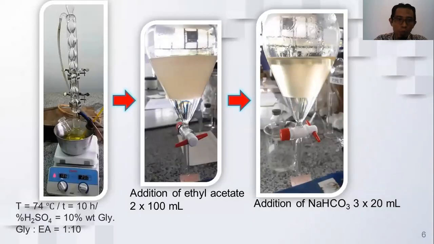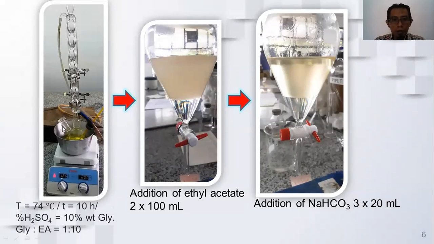The reaction conditions of this work are a molar ratio of glycerol to ethyl acetate of 1 to 10, 74 degrees Celsius for 10 hours, and sulfuric acid concentration 10%.